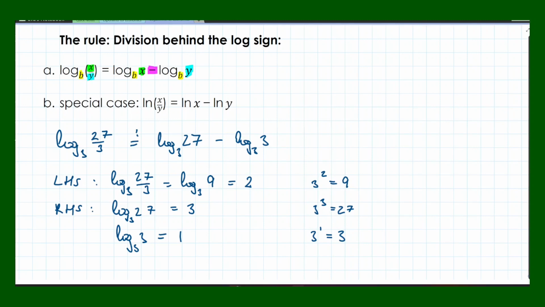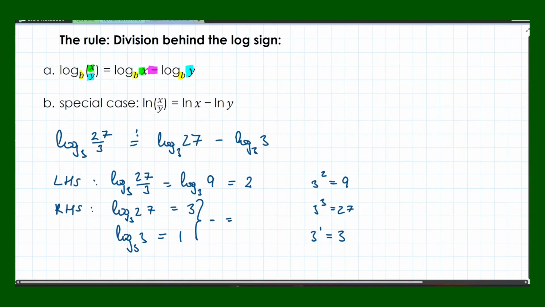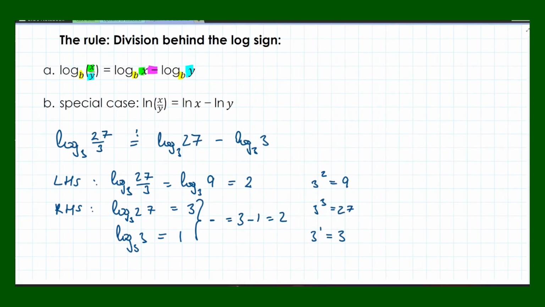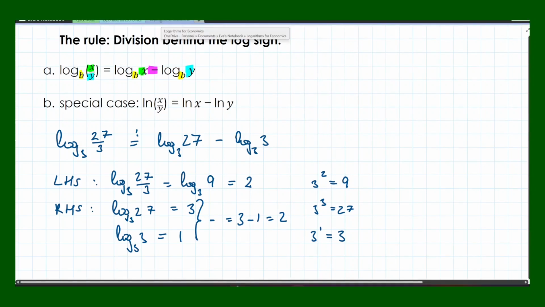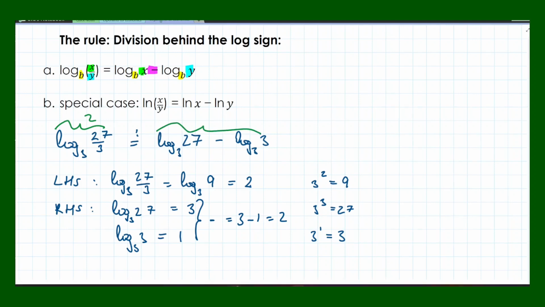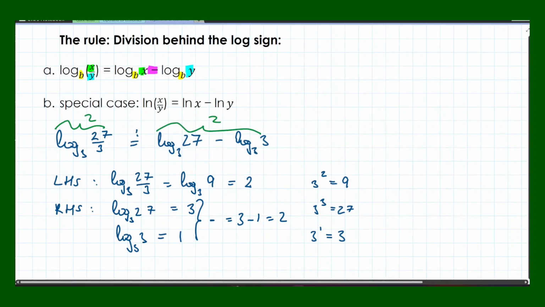But in contrast to the previous video, when we added these two together, now we have to subtract them. So they yield 3 minus 1, which is equal to 2. Well, that's lucky for us, isn't it? Because the left-hand side cancels down to 2, and the right-hand side also comes to 2. Was that just pure luck, or are we onto something?